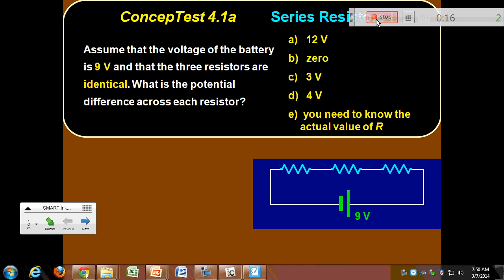These are 3 identical resistors. Stop at 1 minute.